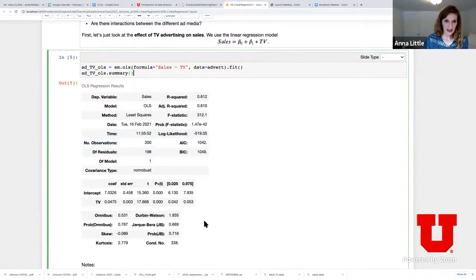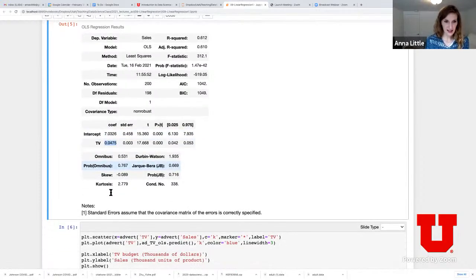We'll get into some of that in a little bit, but also what's the equation of the line? That's also quite important. That is here under this coefficient column. So here you see 7.03 for the intercept and 0.047 for the slope. So now you could write down the equation of the line exactly.